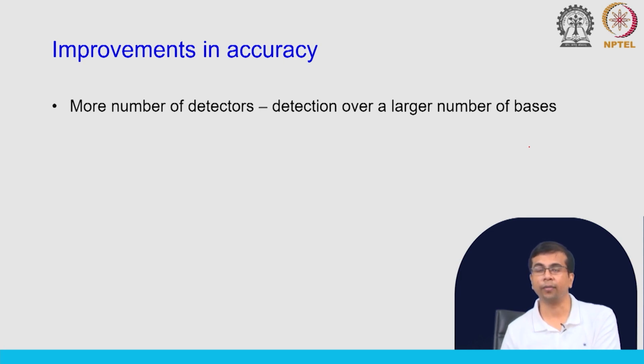You can imagine the flow cell with these nanopores, and each nanopore had only one detector. Now, there are two detectors, slightly separated from each other, which are detecting the change in current. So, they are being affected by a larger combination of bases. As you increase the uniqueness of the bases, you can get better correlation with the current change that is happening. So, more detectors lead to higher accuracy.